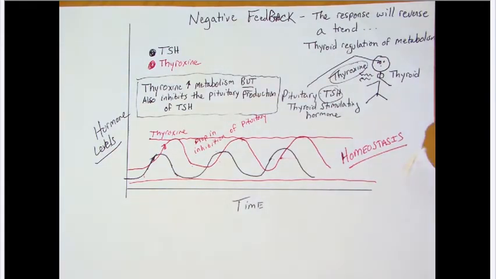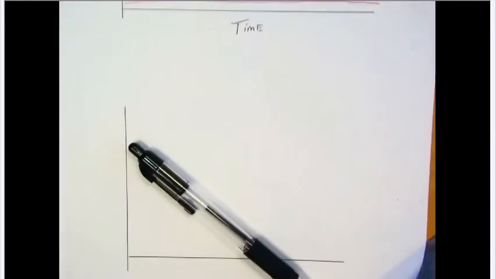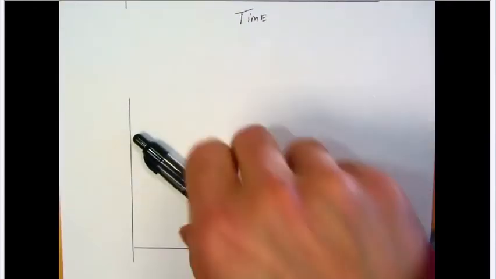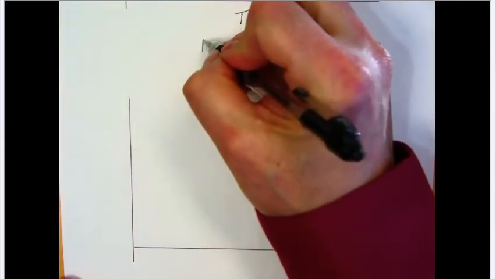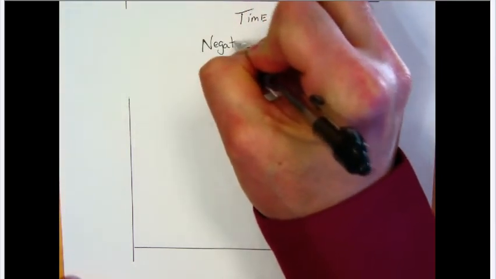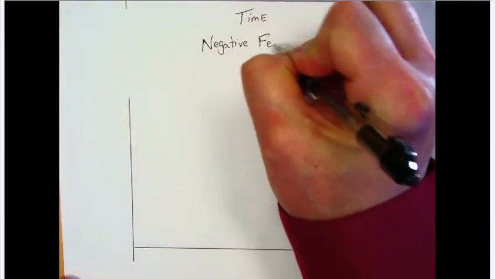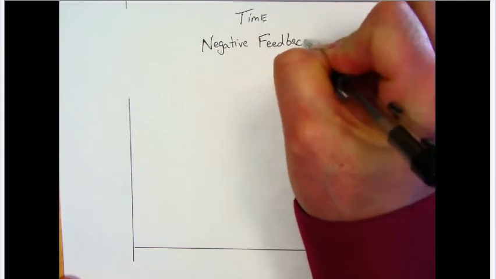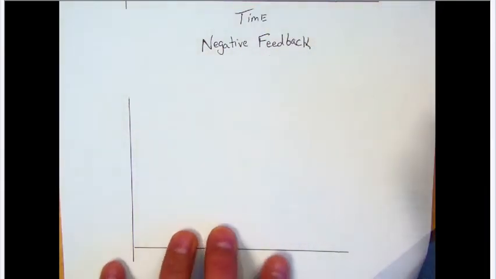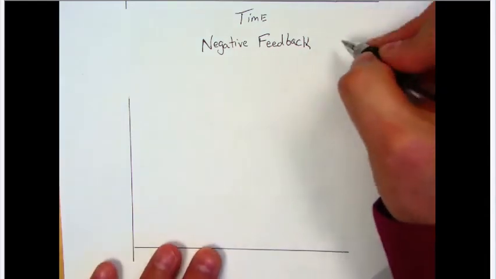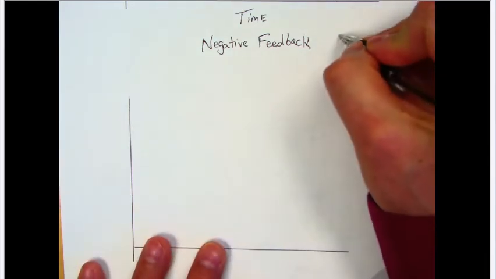All right, let's look at another example now. Now, this example, also negative feedback. But this particular one is going to be about blood sugar regulation.